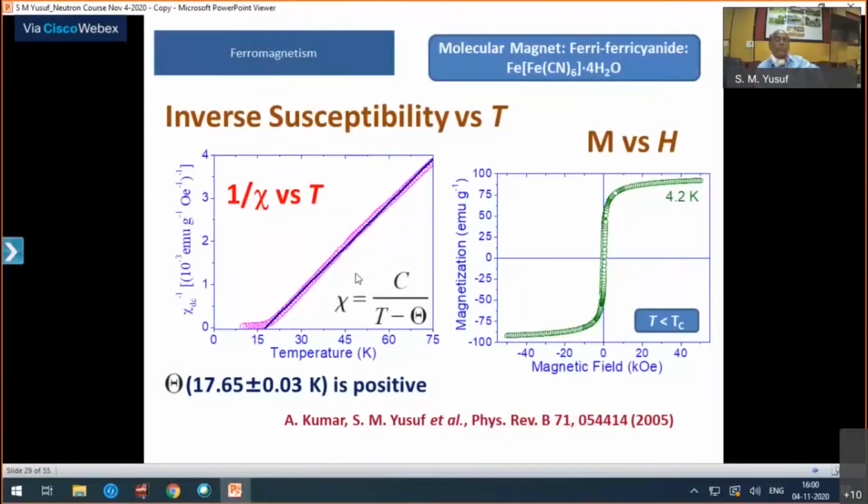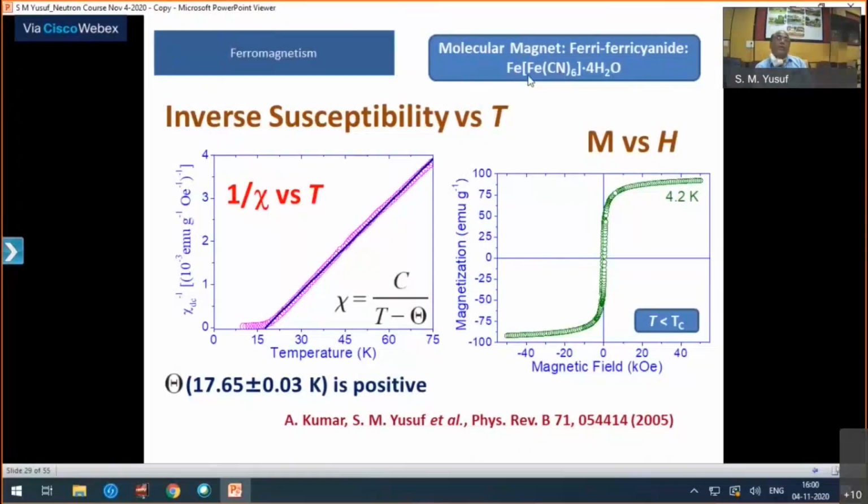Now, if you do DC magnetization, you get this, but you do not get any microscopic understanding. What I mean by that is you do not get to know how much moment is attached to one individual magnetic atom. In this compound, for example, iron is magnetic; carbon, nitrogen, water are non-magnetic.